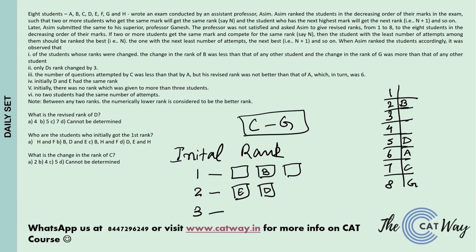That means the final rank of E definitely has to be 4, because that is the only possible case that he has, because there are already 3 people in initial rank 1 that we have already verified.